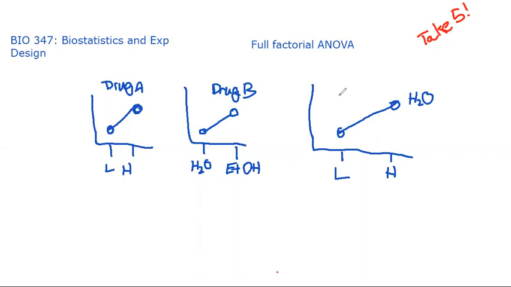But for ethanol, we had this strange effect, where ethanol was higher as we expected from this experiment here. But then in combination with high doses of drug A, it gets low, right? And then our water at high doses is now a high response, okay?